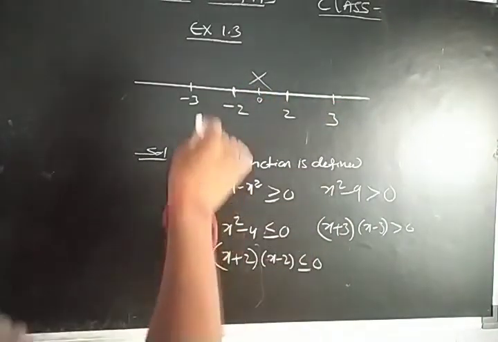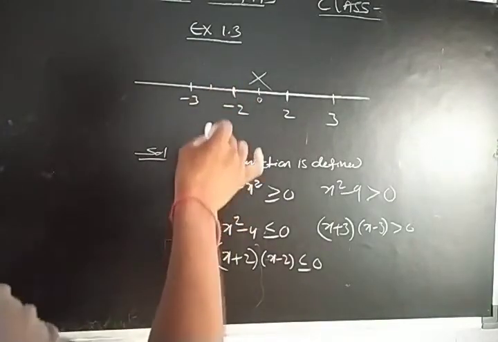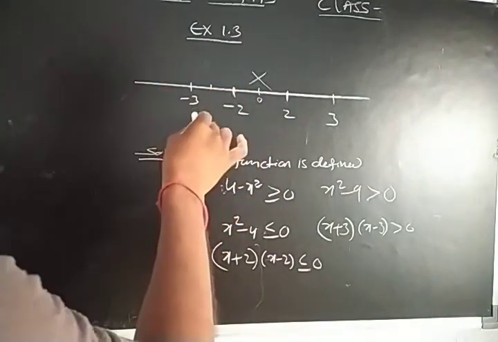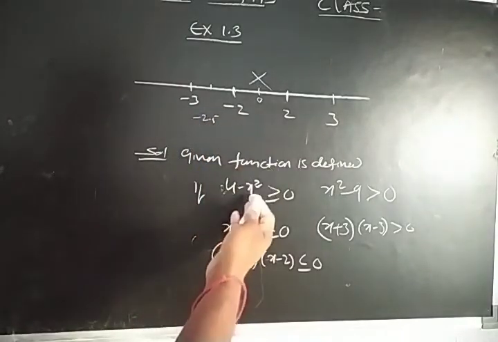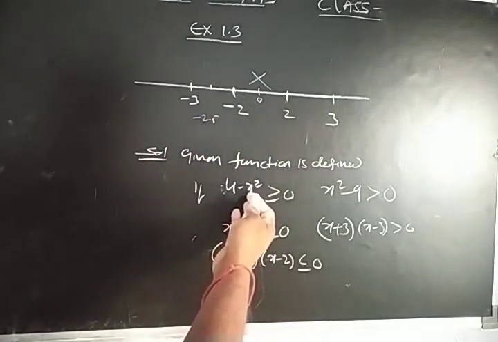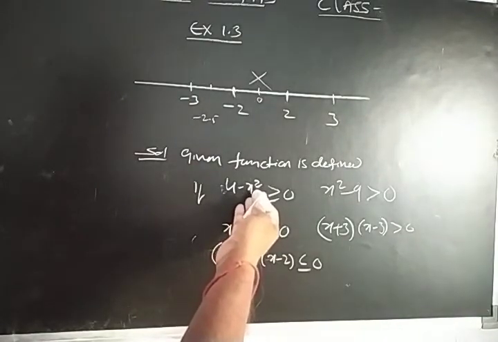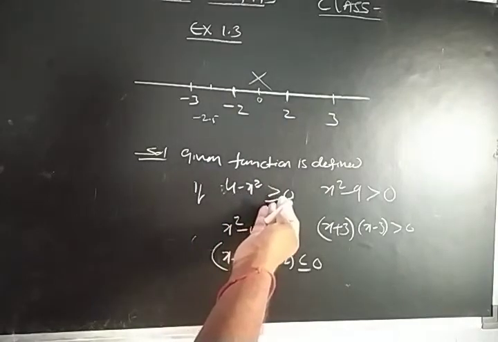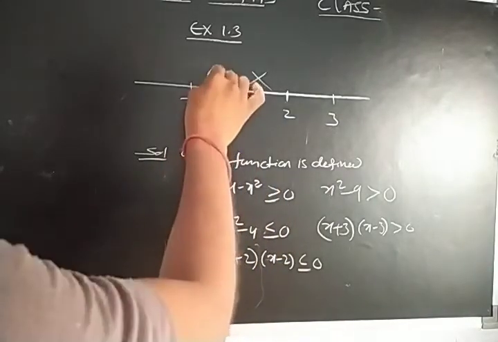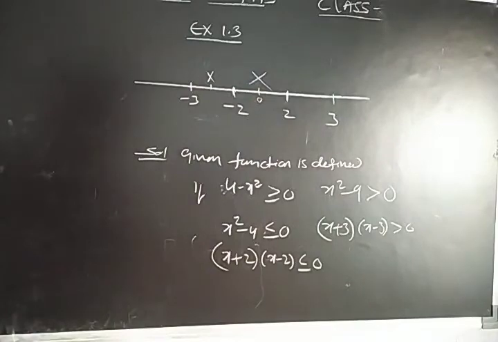Next, in between minus 2 to minus 3. Suppose I am taking minus 2.5. Substitute minus 2.5. Minus 2.5 whole square is greater than 4, so 4 minus a value greater than 4 is negative. So you cannot get a positive value. We should not take this part also.